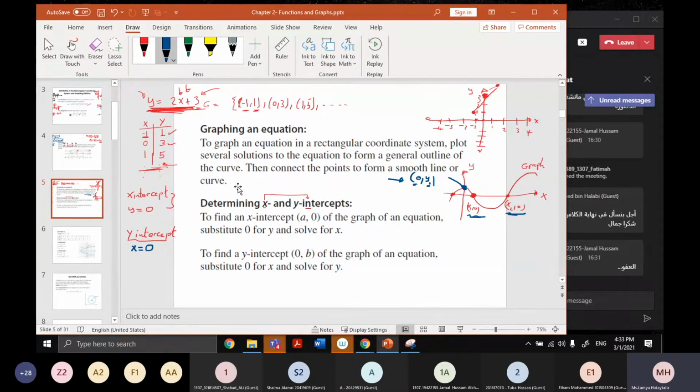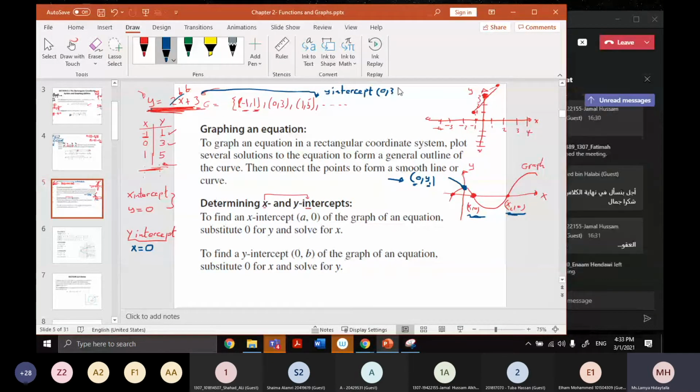So for the y-intercept, I need the y point. We said we put the x value as 0. So what about the y? Y is going to be equal to 3. So the point is 0 and 3.